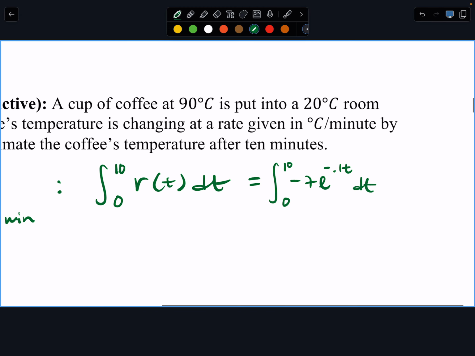Go ahead and type that into your calculator and tell me what you get. Obviously in your calculator you're using x for the independent variable, not t. So go ahead and tell me what you get as the approximation there.